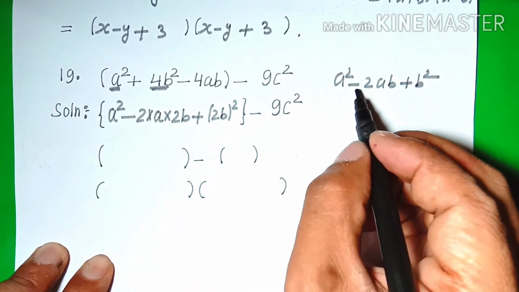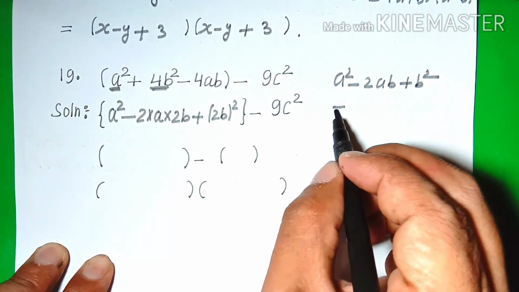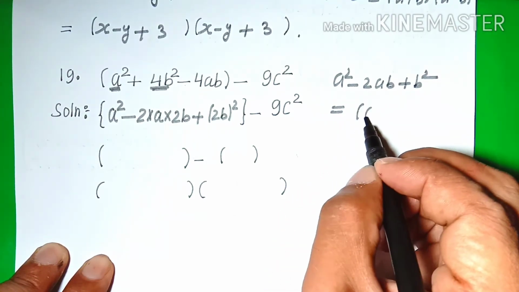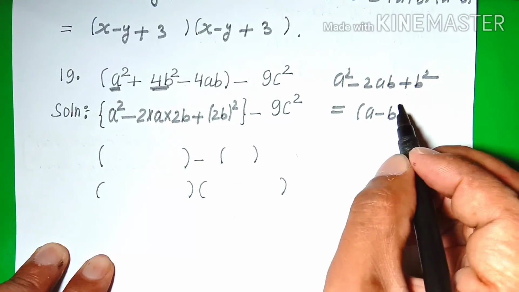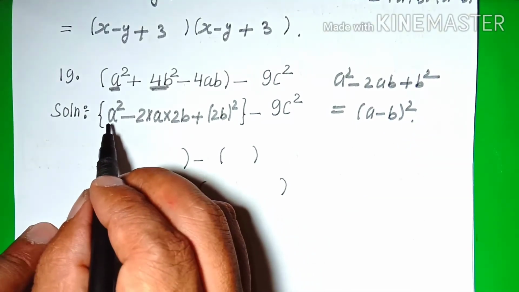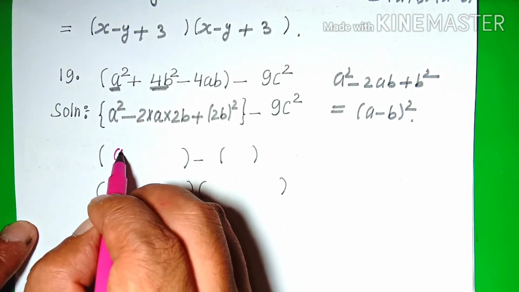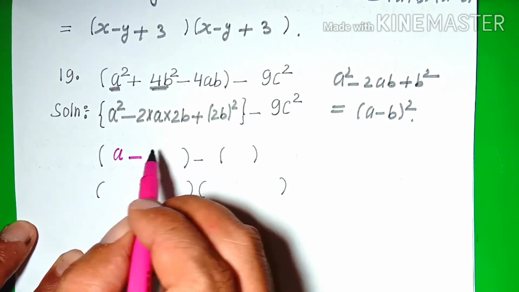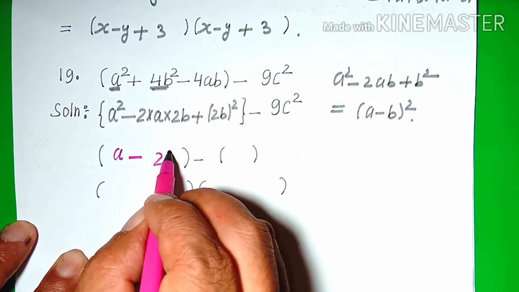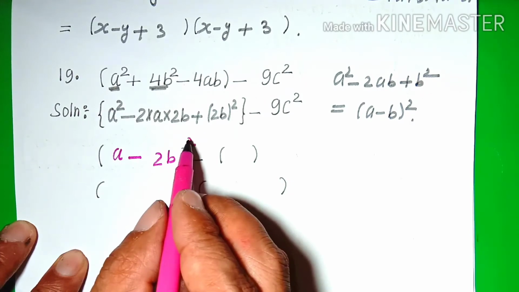And we know that a square minus 2ab plus b square equals a minus b the whole square. You have to take now only a and b. So a, a minus sign, b means 2b whole square. That means a minus 2b the whole square.